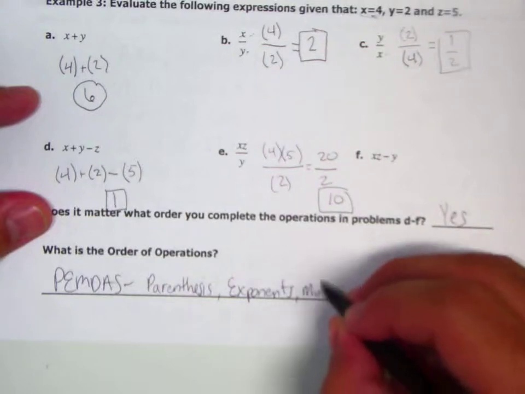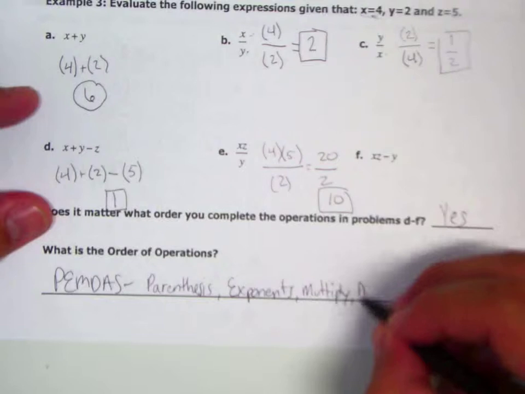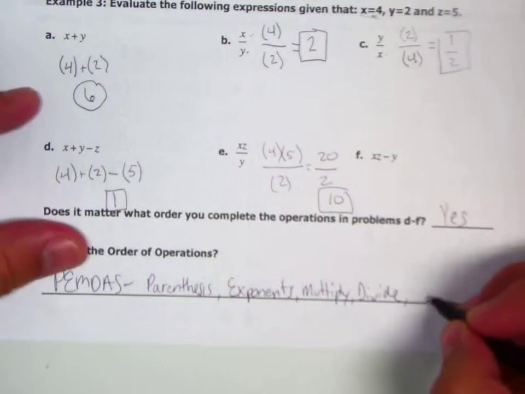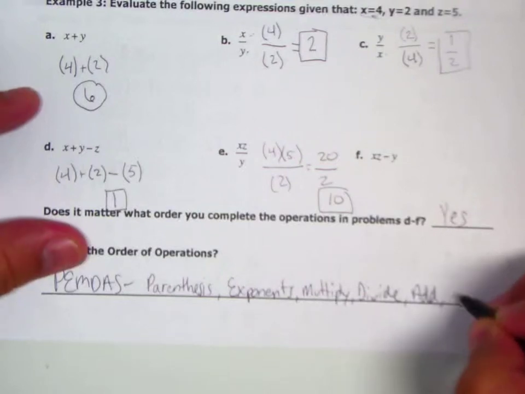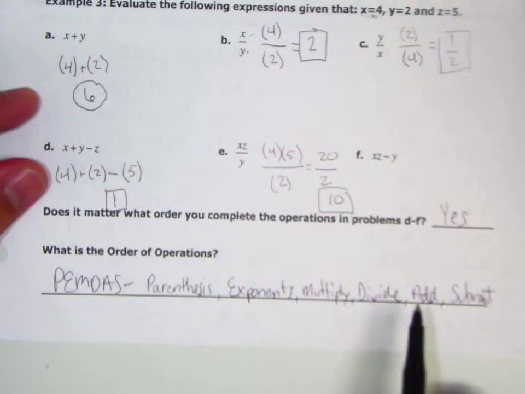M is for multiply. D is for divide. A is for add. And S is for subtract. Okay. This is the order of operations. This is the order that you need to do your problems in to avoid getting the answers wrong.